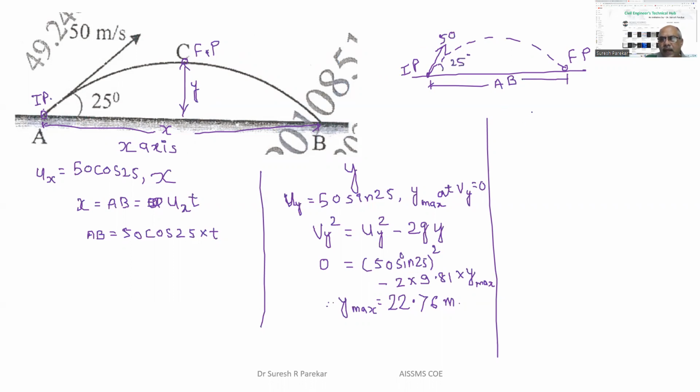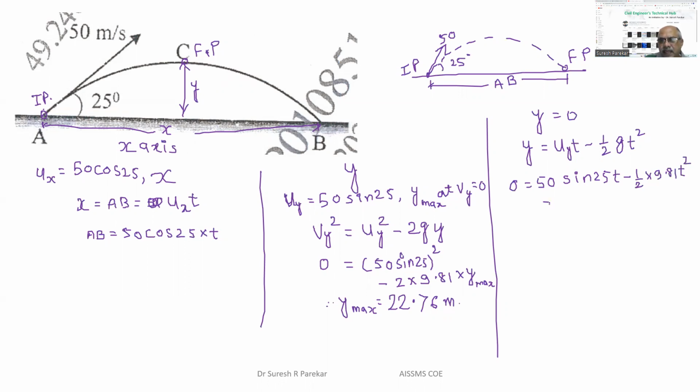Now we have y equal to 0. And then we will use y equal to uyt minus half gt square. And then we have 0 equal to 50 sine 25 into t minus half into 9.81 t square.